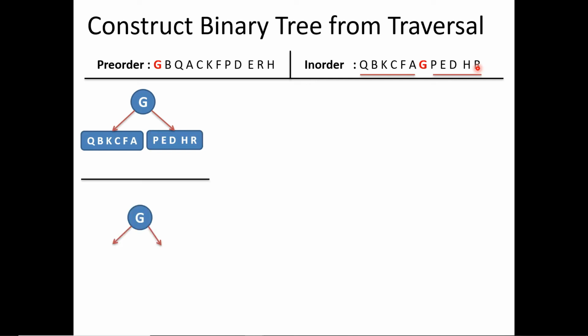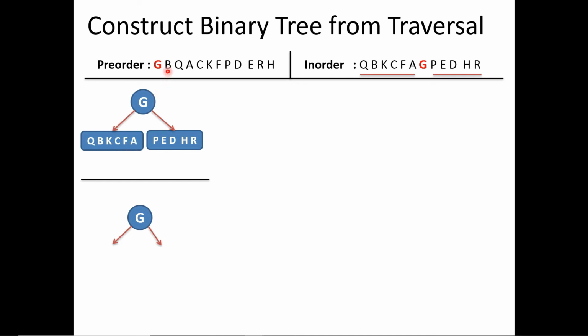Now in the second step we have to concentrate on this part, that is QBKCFA. Now we have to check this in pre-order, which node comes first, or we can say which node becomes the parent of this subtree. For this we check in pre-order from the left side.